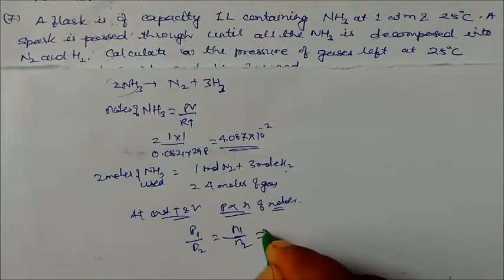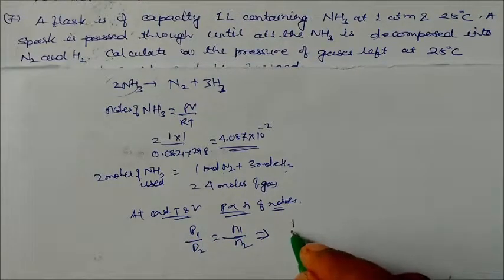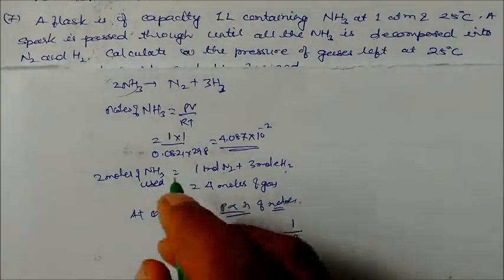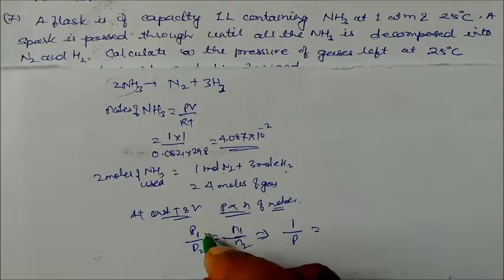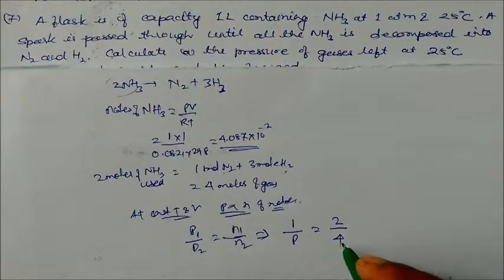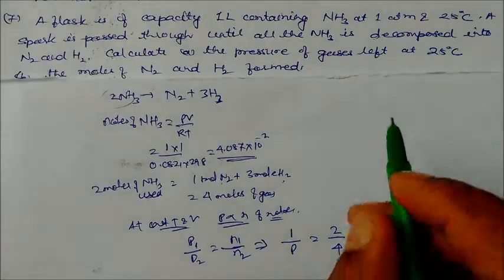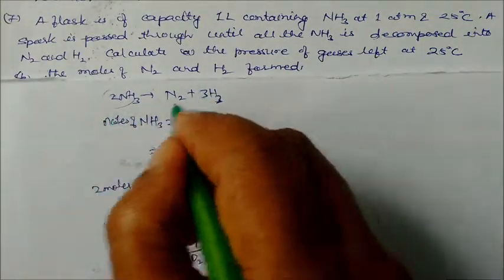So P1 is 1 and P2 is the final pressure, which we don't know. In the case of P1, the number of moles was 2 for the ammonia, and after decomposition it is 4. Initially the pressure was 1 atm.